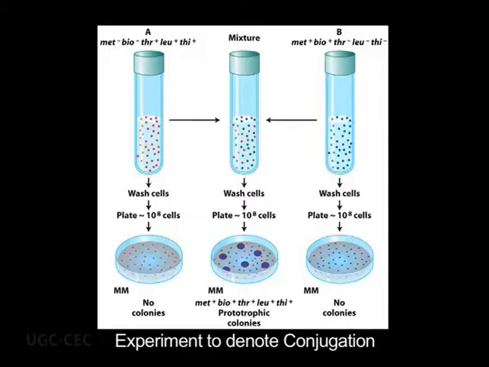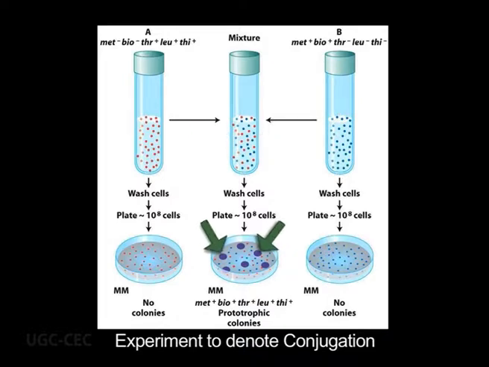So they discovered this particular process in a unique experiment. And what was that experiment? Again, you can see in this figure, there are two bacterial strains. They were mixed, and strain A was unable to synthesize some amino acids like methionine or biotin, and similarly, strain B was unable to synthesize threonine or leucine or thiamine. Now, when these two bacterial cells were mixed, they developed some blue colonies.